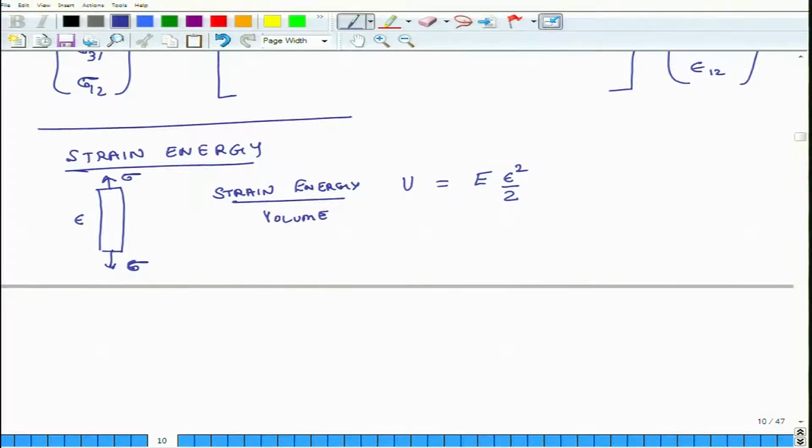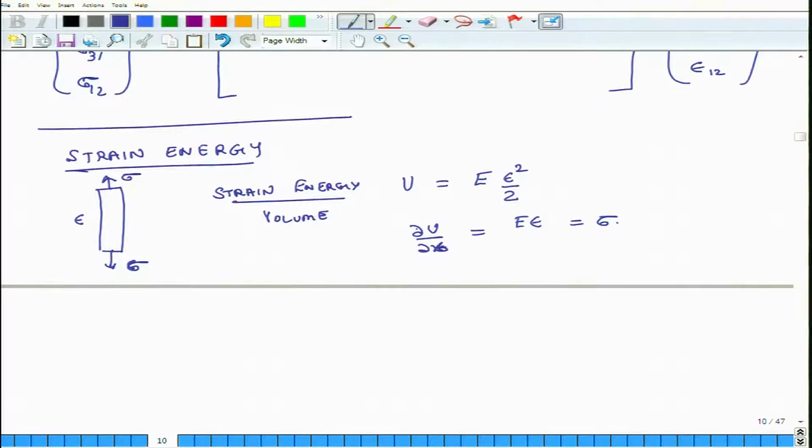So, what happens? If you differentiate this strain energy per unit volume with respect to epsilon, you get E epsilon, and this is nothing but sigma, because E times epsilon for a unidirectionally pulled isotropic specimen is sigma.